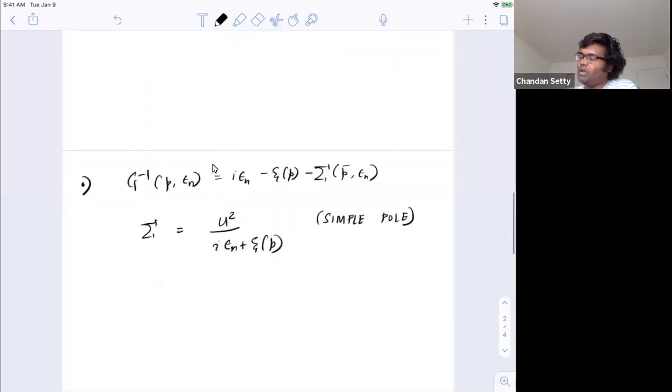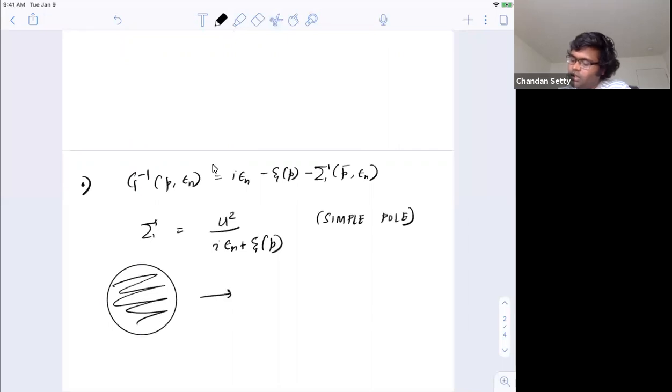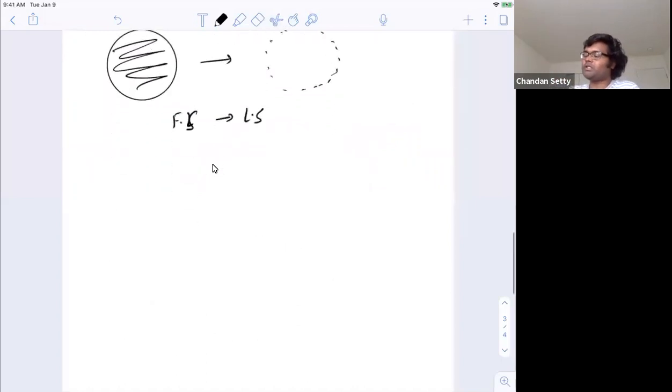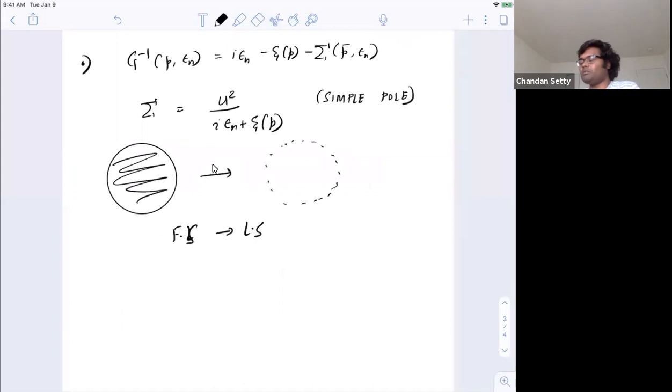Essentially what this does is it takes the original non-interacting Fermi surface and converts it into a surface of zeros, exactly at the pole of the self-energy. So the Fermi surface is converted into a Luttinger surface. So this is the simplest version of the YRZ Green's function. Okay, so this will be the model that I'll use. And as I said, in principle, it's possible to take the microscopic model that I'll show you at the end and come up with the exact same physics that I'm going to talk about today.